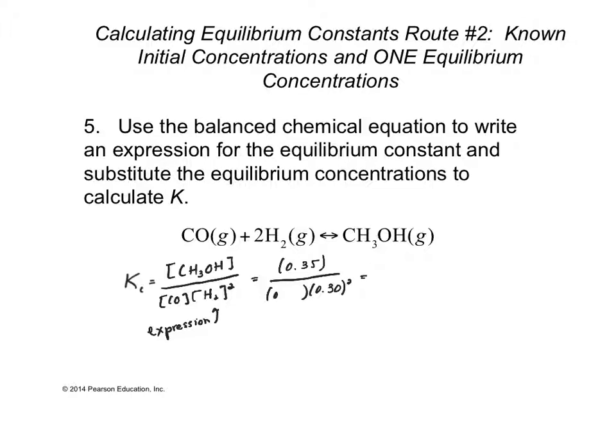This was the one that we were given. We had 0.15 at equilibrium. And then for H2, we had 0.3 squared. Okay, so then multiply, divide. We end up with an equilibrium constant equal to 25.9. So this is what our equilibrium constant is equal to. And again, you would predict that products would predominate at equilibrium because this equilibrium constant is larger than 1.